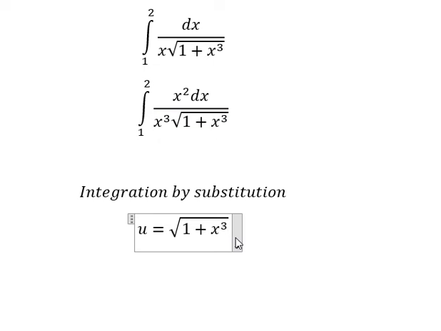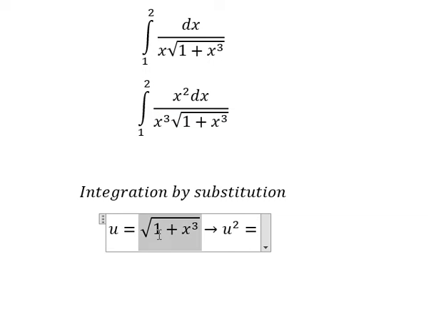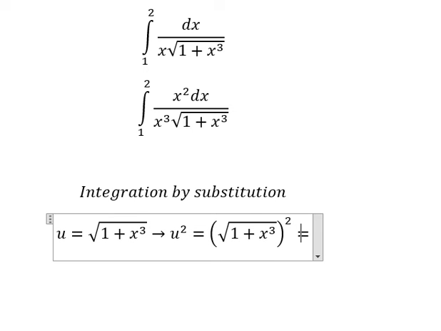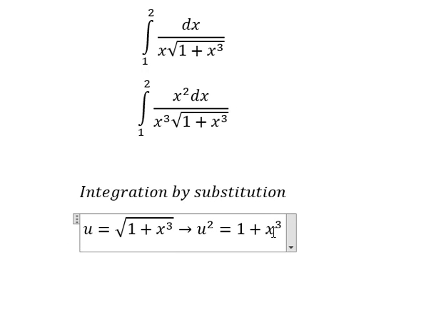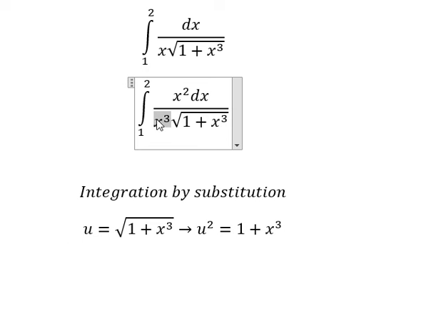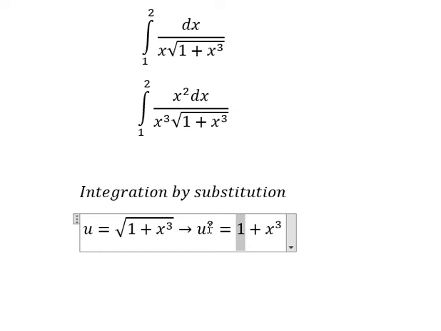Now we put the power 2 on both sides to cancel the square root. And we have 1 plus x to the power of 3. Now we have x to the power of 3, so I will put number 1 go to the left.